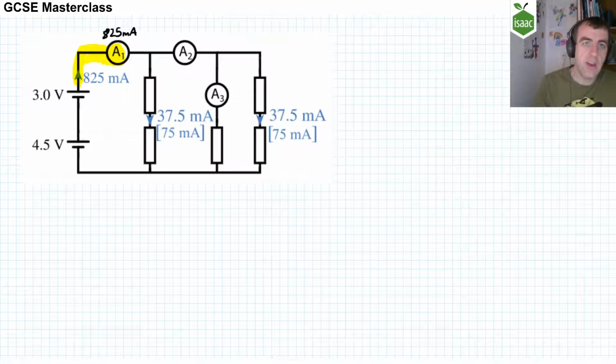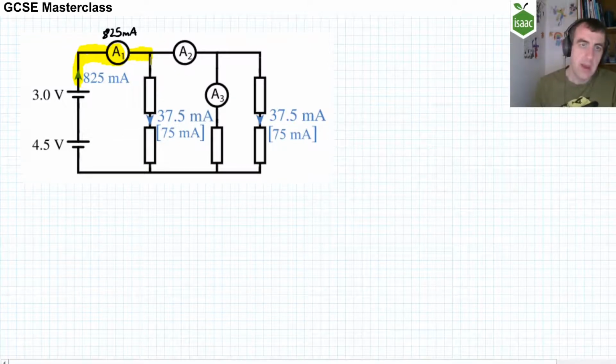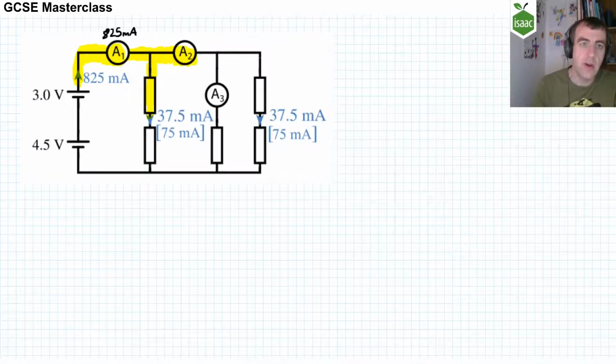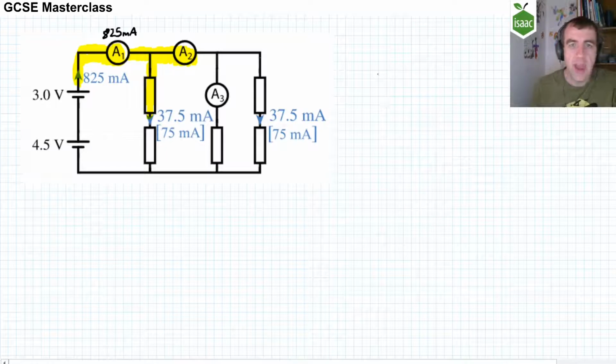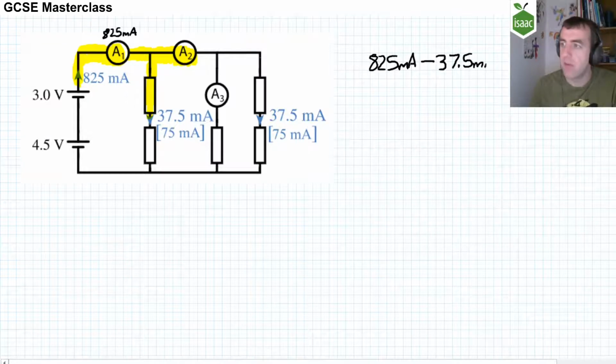Then that current continues and arrives at a junction. Now if it goes the bottom way, then there's 37.5 milliamps. So what's left to go the top way, which is going through A2? Well, that's whatever was left. We had 825 milliamps. We tapped off 37.5 milliamps.